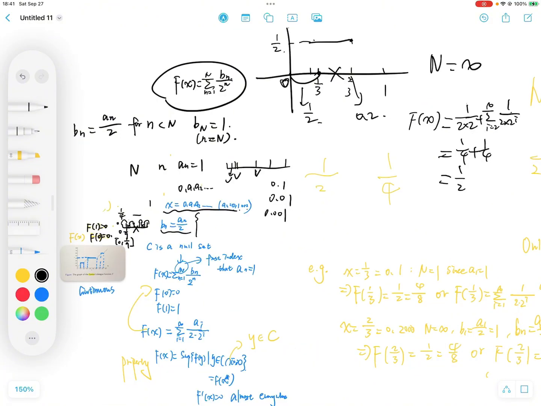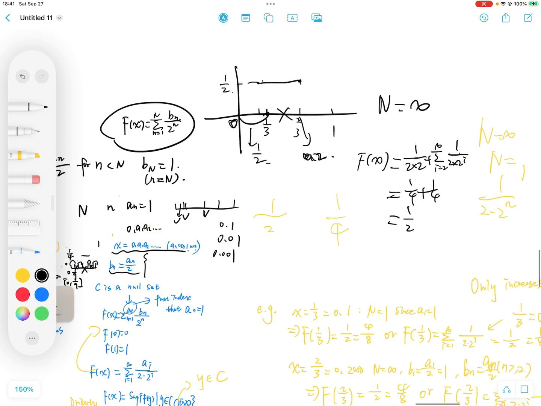So in that case, it is 0.2, right? And so it doesn't have any digit where a_n is 1. So now we define: if there is no digit that is 1, then we define N equals infinity. It's reasonable, right?